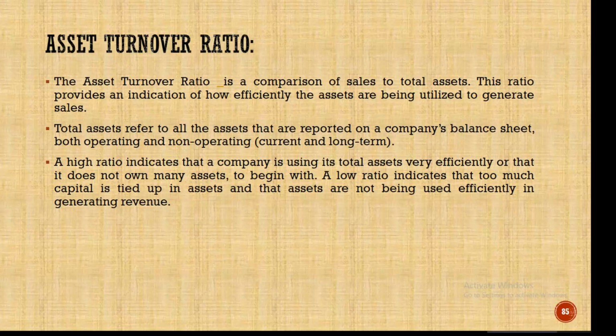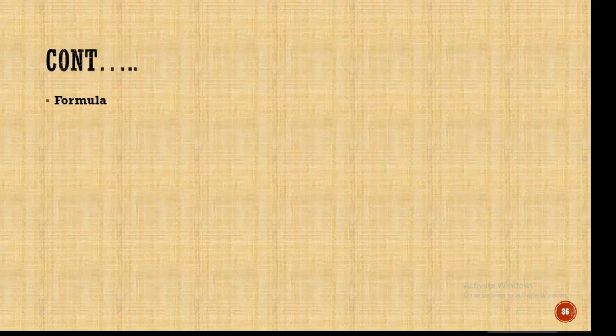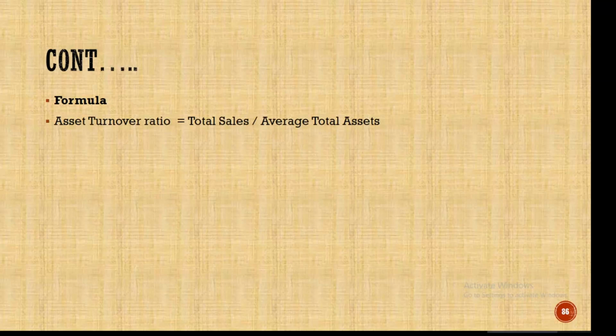A low ratio indicates that too much capital is tied up in assets and that assets are not being used efficiently in generating revenue. Formula for calculating asset turnover ratio is total sales divided by average total assets.